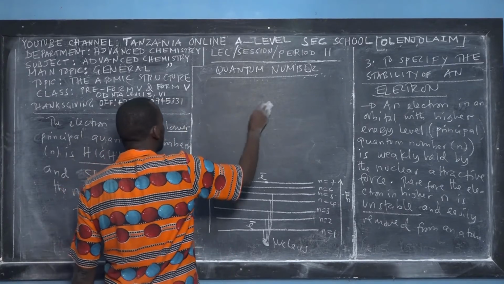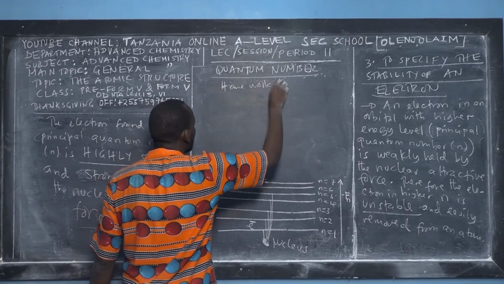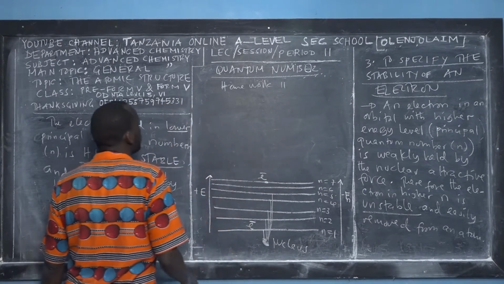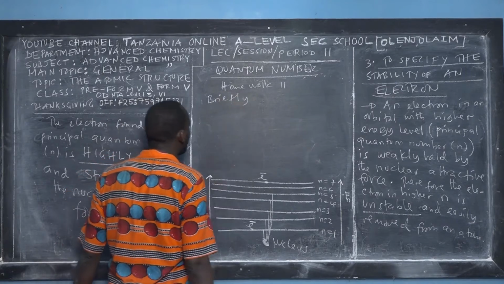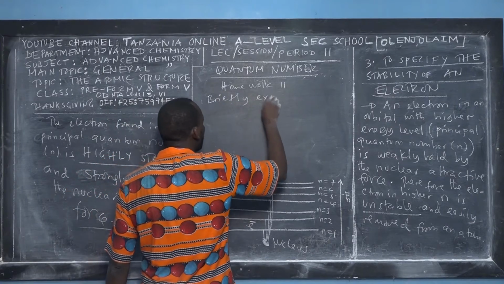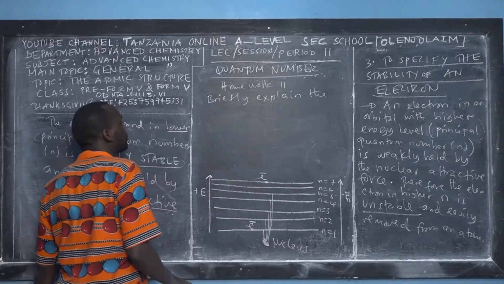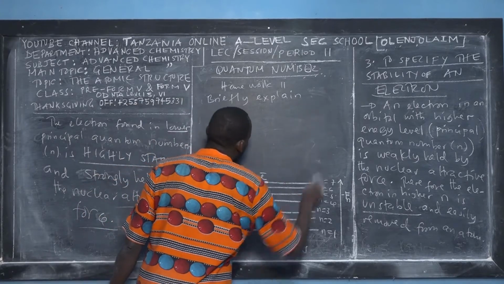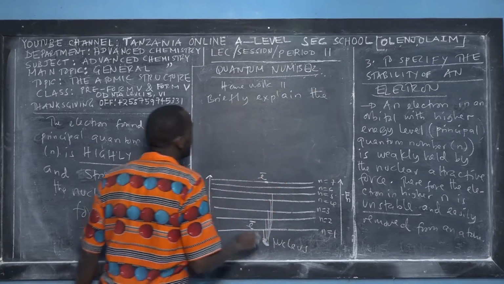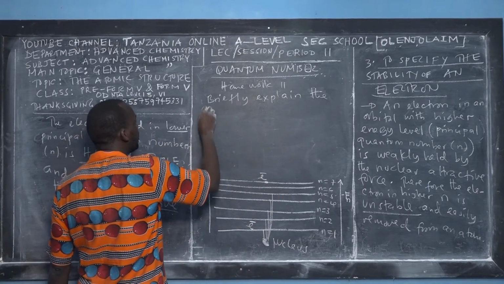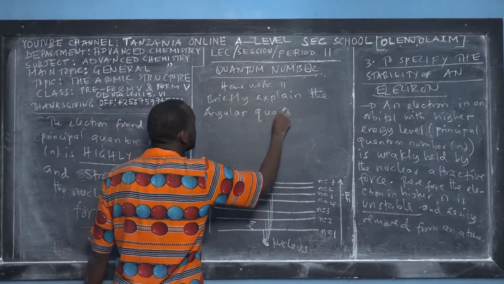So now, let me leave homework 11. Homework 11 says: briefly explain the second quantum number, the subsidiary or angular quantum number.